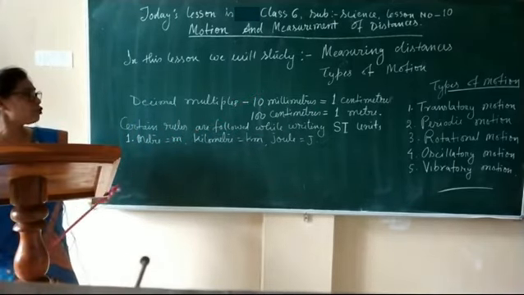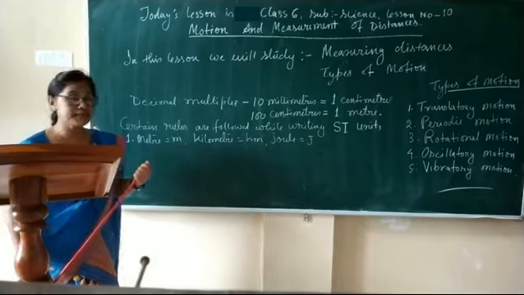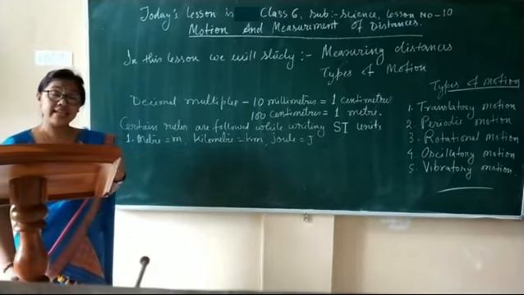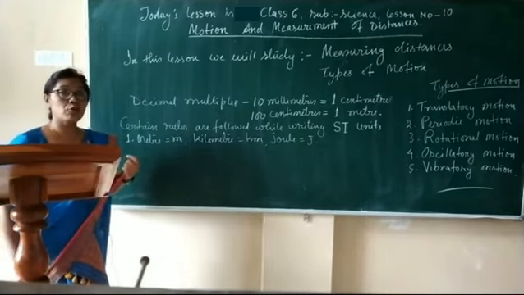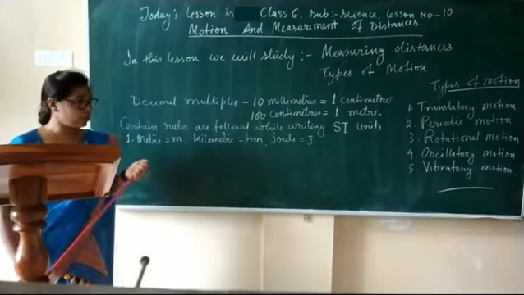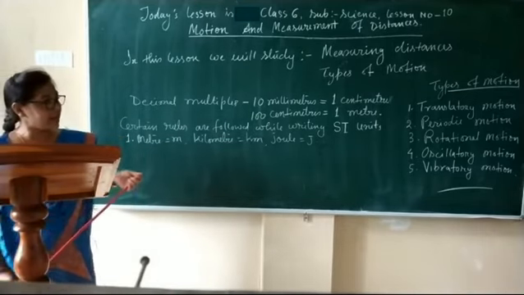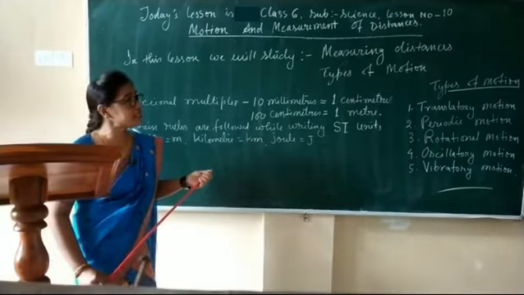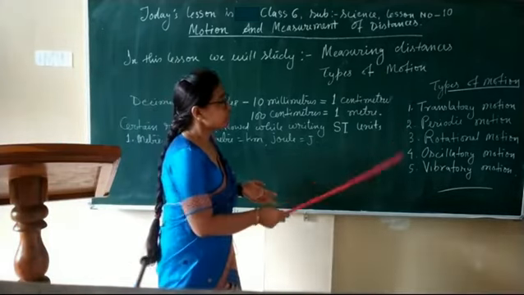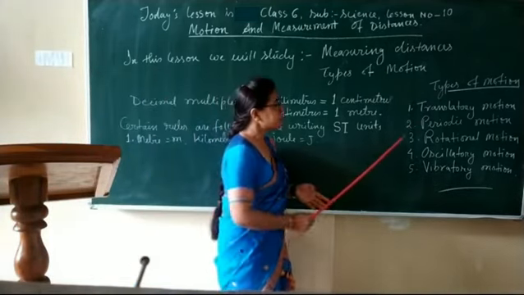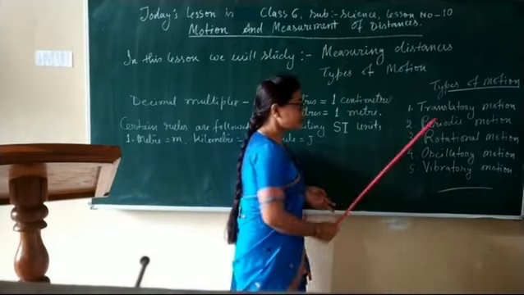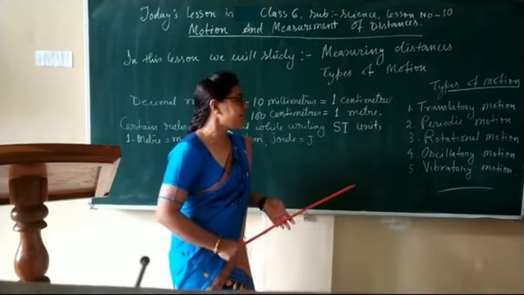We have to follow certain rules while writing SI units. There are 4 rules given in the book. You have to learn them by heart. And also we have studied types of motion, that is translatory motion, periodic motion, rotational motion, oscillatory motion, and vibratory motion.